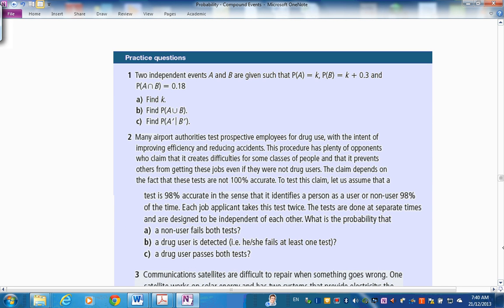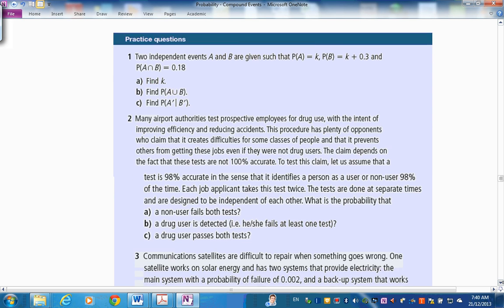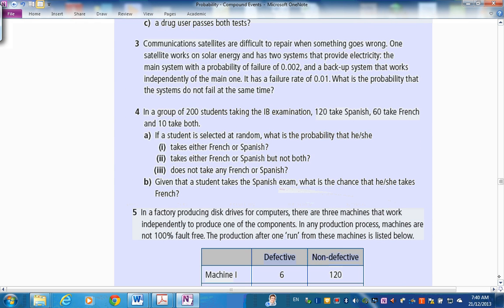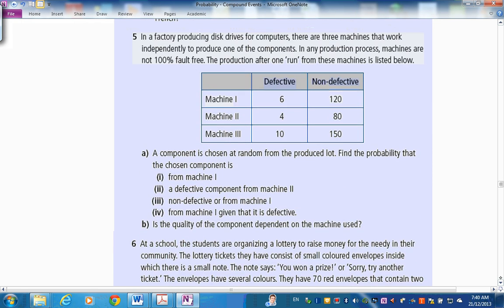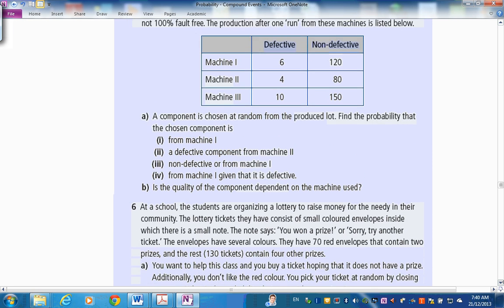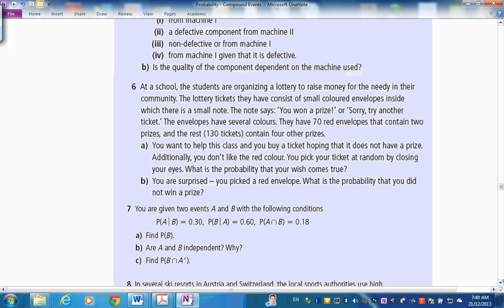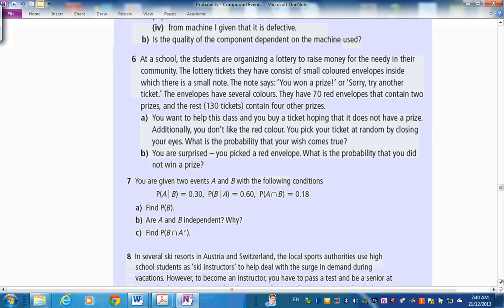There's question 1 and 2. Question 3 and 4. There's question 5. Question 6 and 7.